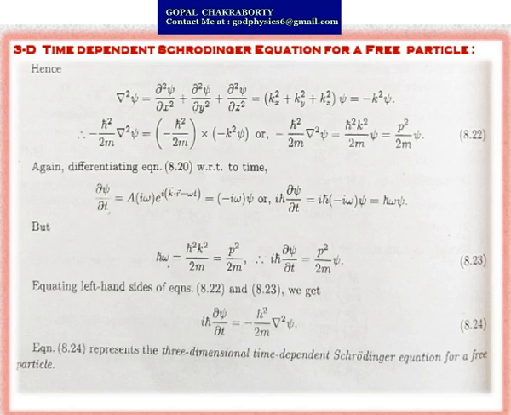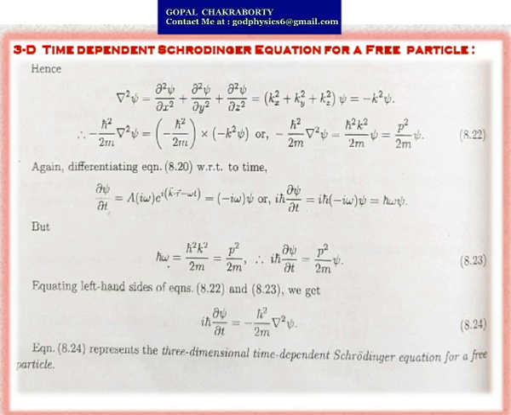Again, differentiating the wave equation with respect to time, the first order time derivative gives del psi del t equals A of i omega e to the power i(k dot r minus omega t), so from there you can write minus i omega psi.